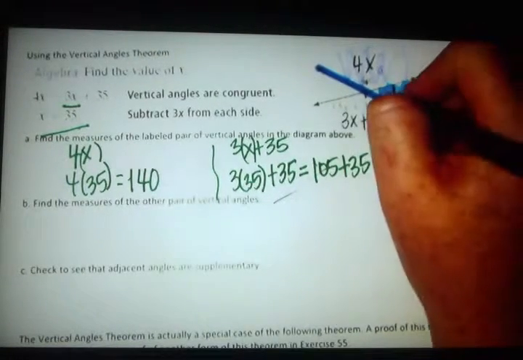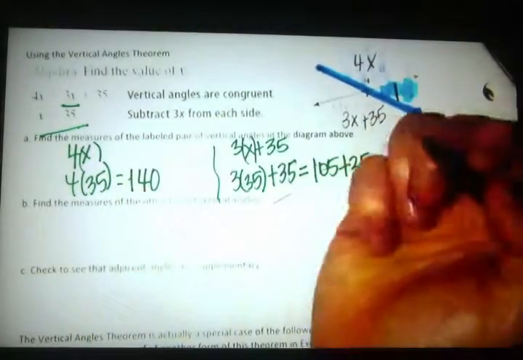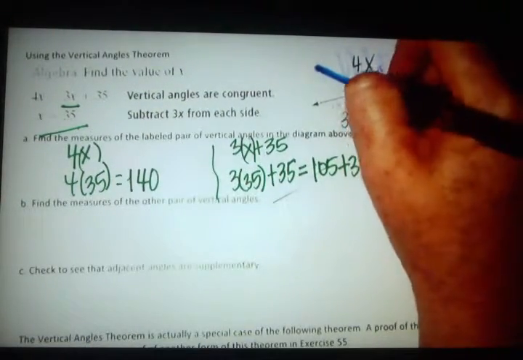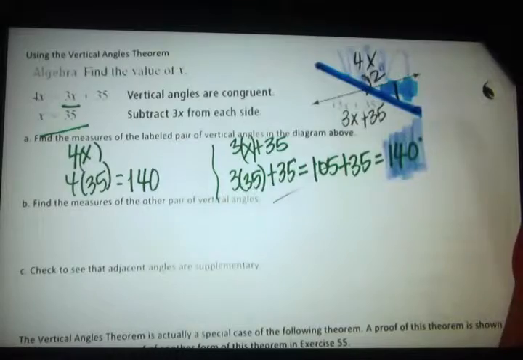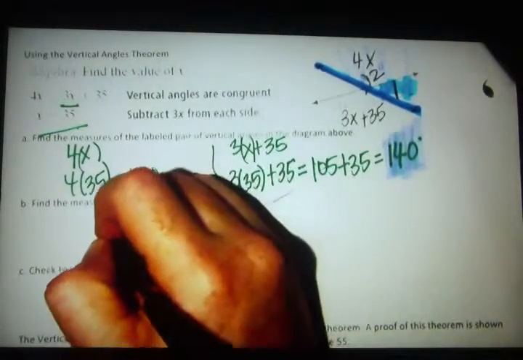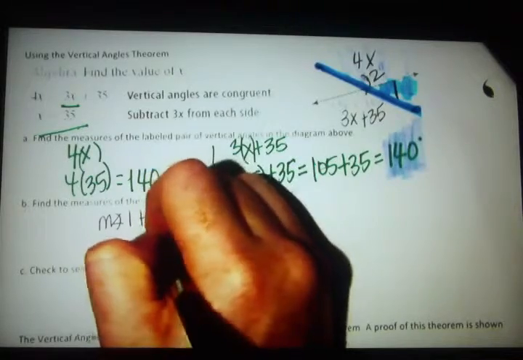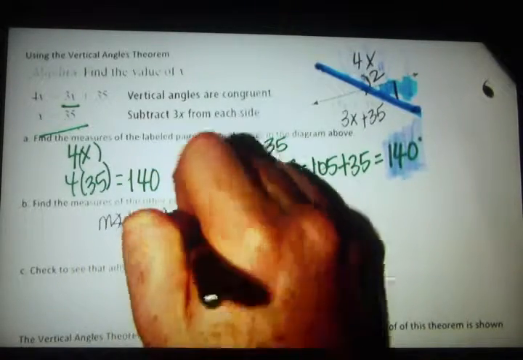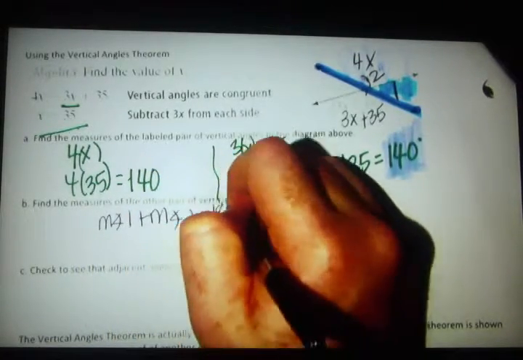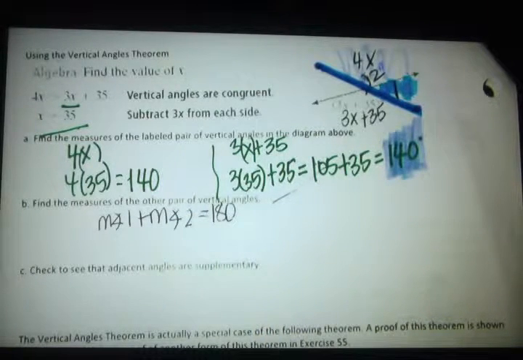This is angle 1. So let's use angle addition postulate and label this angle 2. Okay, so measure of angle 1 plus measure of angle 2 equals 180. They lie on a straight line. They're supplementary, however you want to say it.